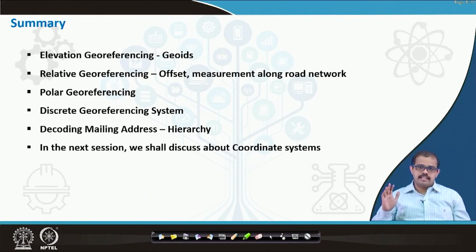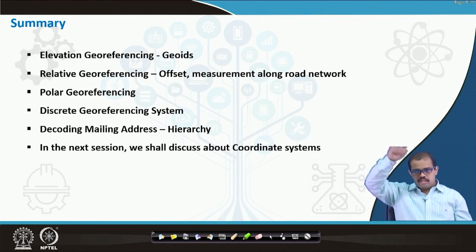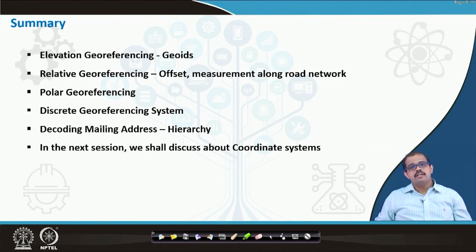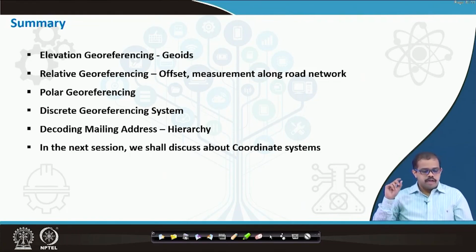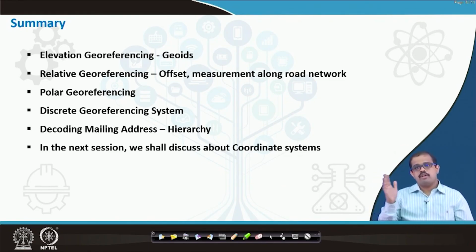Otherwise, you can just say that the mean sea level is represented as a geoid, maintaining the same gravitational potential across all continents, or across the entire land surface of the earth. That is nothing but a geoid. And when you look at polar georeferencing, we take a reference, normally the north pole, then we calculate the distance from the north pole or the direction from the north pole with an angle. That is called polar georeferencing.